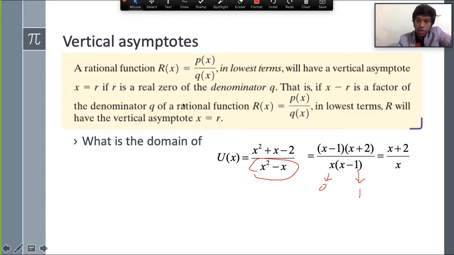But for the asymptote also, vertical asymptote also we find from the denominator. So what is the difference? This is what I am trying to make clear. So the difference is both of them you will find from the denominator, but domain you will find from the original question, and for finding the vertical asymptote you will do the cancellation and everything.